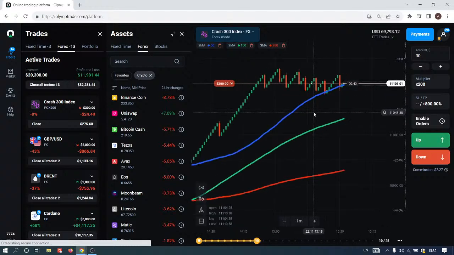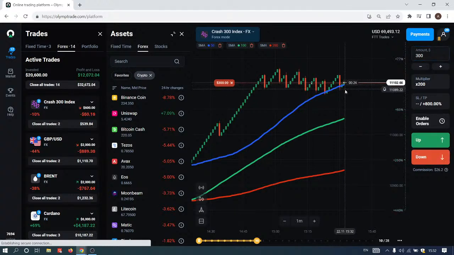Their strategy is based on this statistical thing that there usually aren't two red candlesticks together.